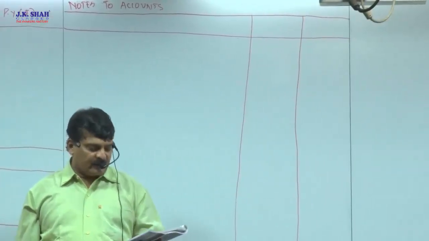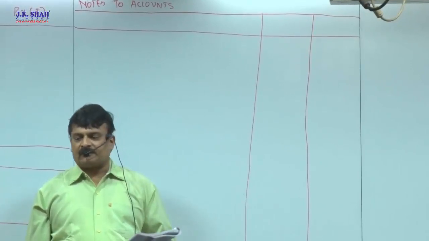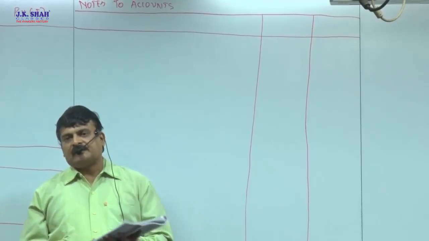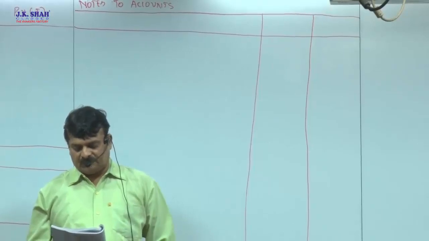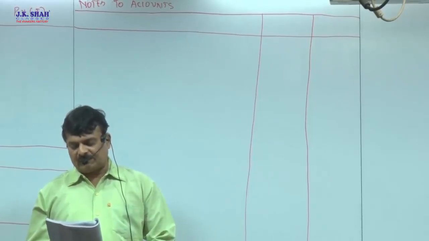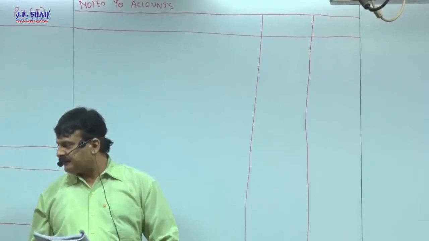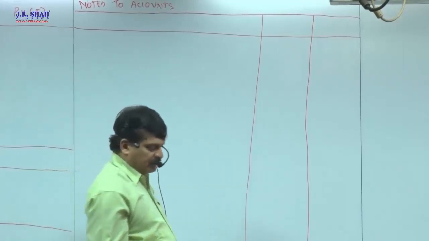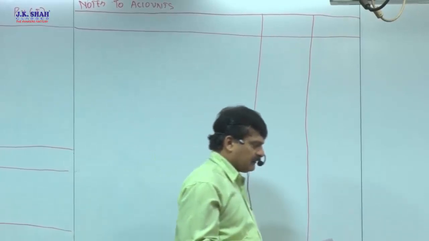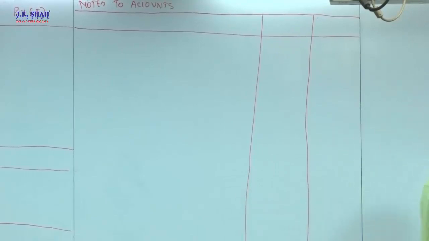Second adjustment, cost of building, plant and furniture: tick mark building, plant and furniture. Sundry debtors of 3,80,000 are due for more than 6 months: tick mark debtors. Amount of balance with bank includes: tick mark balance with bank. Last one, unsecured loan includes: tick mark unsecured loan.